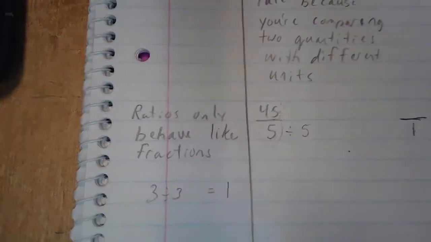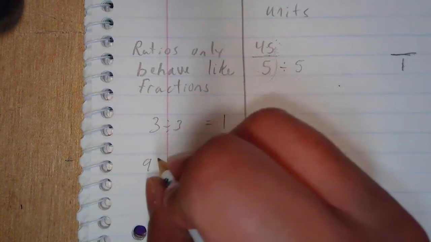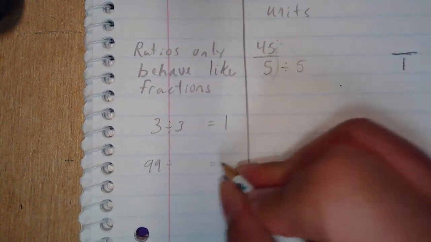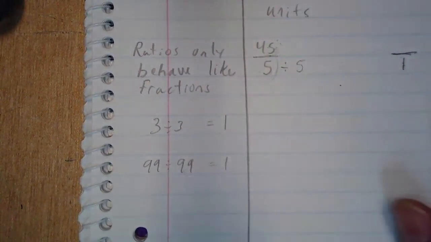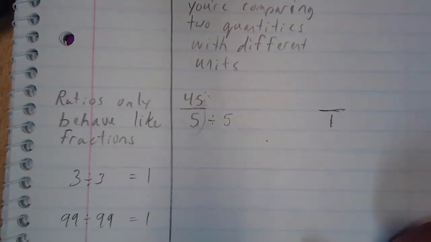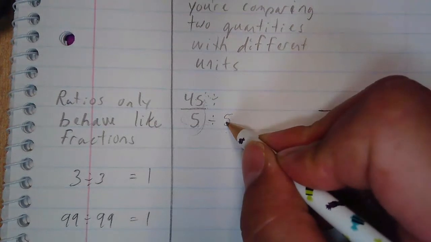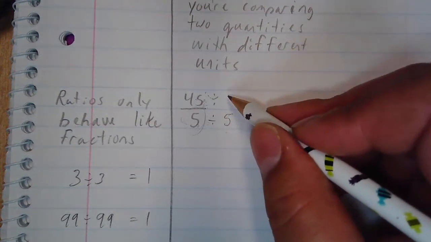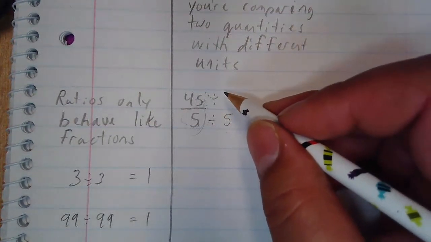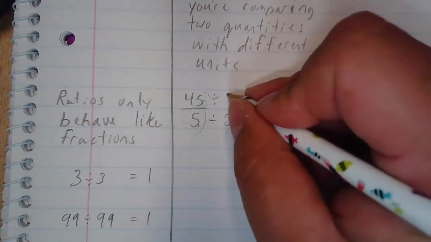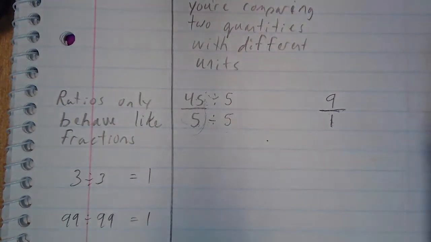If you have 99, you divide by 99. It's just something you have to remember. Now, whatever you do to the denominator, you do to the numerator. Again, I'm using vocabulary like a fraction because they are acting like fractions. Okay, the answer is 9 to 1.